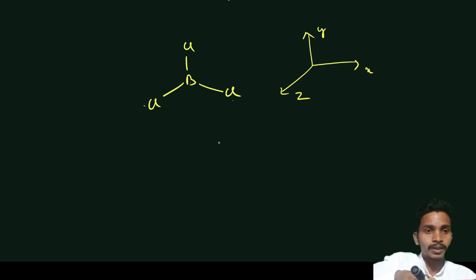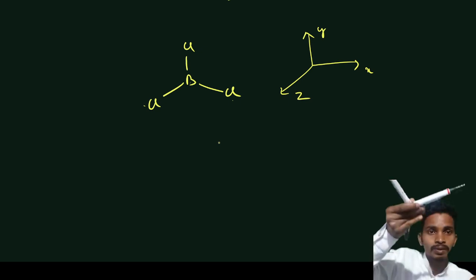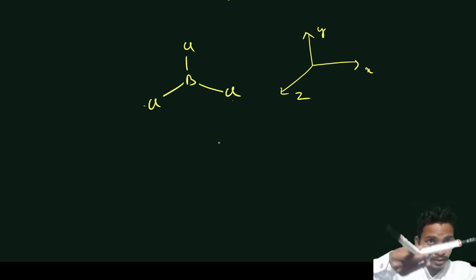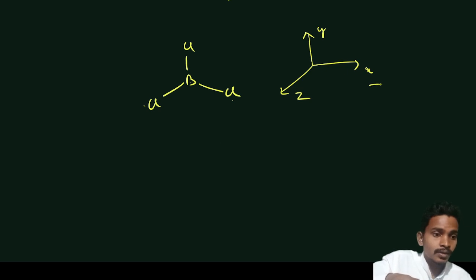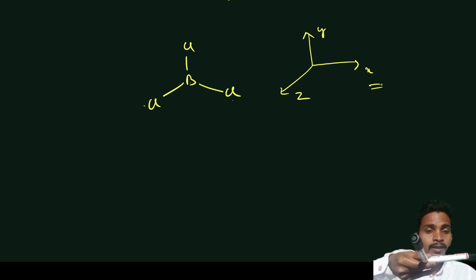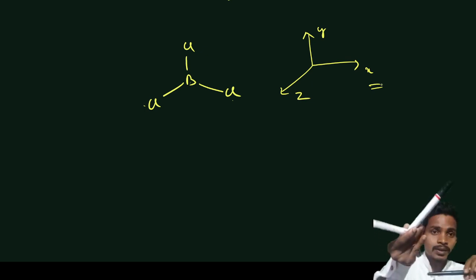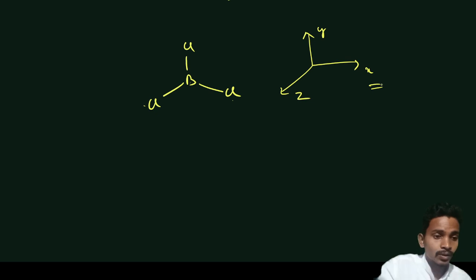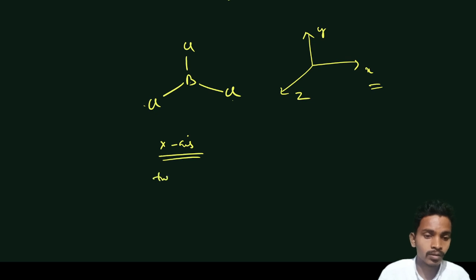If I apply this x-axis direction, then I have to rotate only these two atoms, one here and one here. How many atoms will rotate? You see that only this and this rotate. So for the x-axis, two atoms are changing their relative positions.